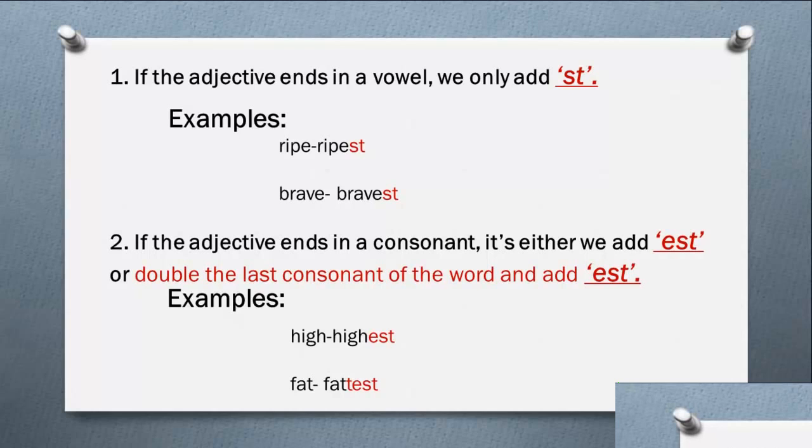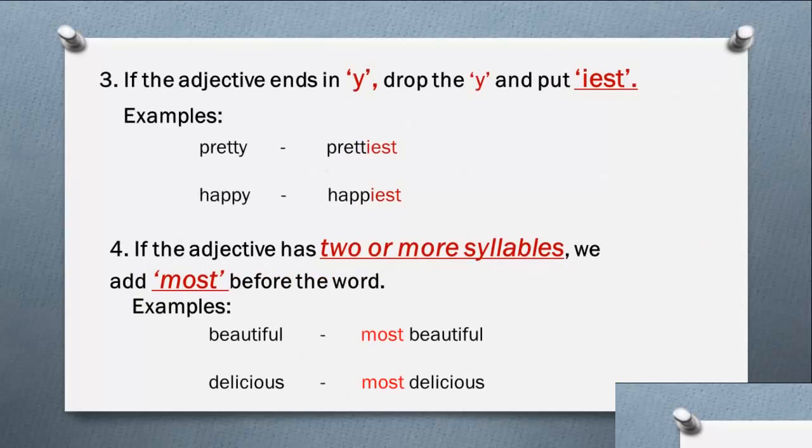Number 2, if the adjective ends in a consonant, it's either we add EST or double the last consonant of the word and add EST. Examples: high, highest; or fat, fattest. Number 3, if the adjective ends in Y, drop the Y and put IEST.